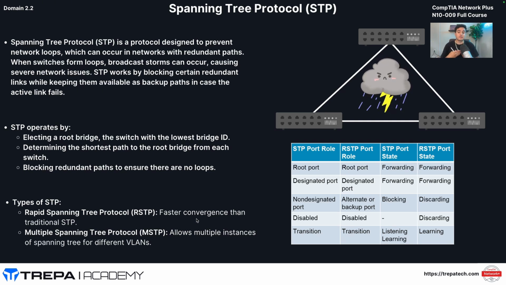And then we have another version called multiple spanning tree that we're not going to get into, but it allows you to segment a big campus network to have multiple instances of spanning tree for different VLANs. Now, for some of my Cisco guys who have done networking forever, you're going to tell me, isn't spanning tree always on a per VLAN instance?